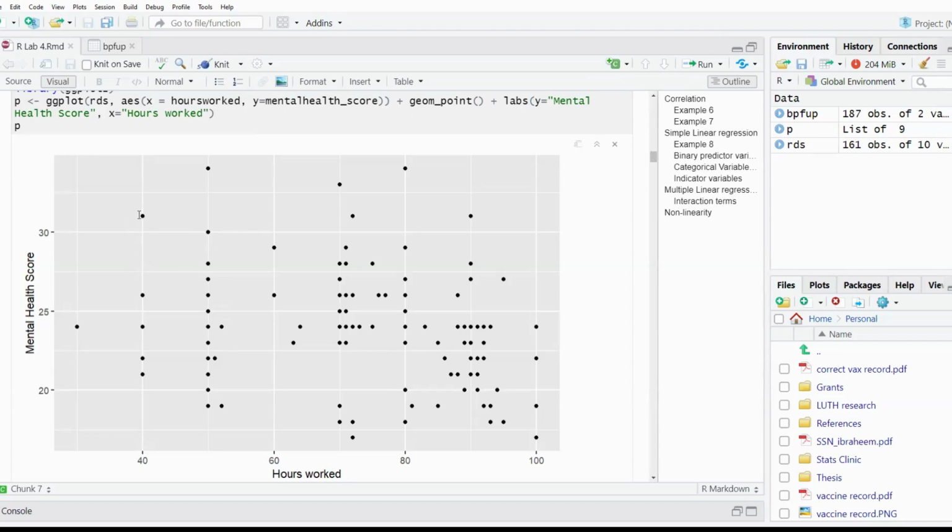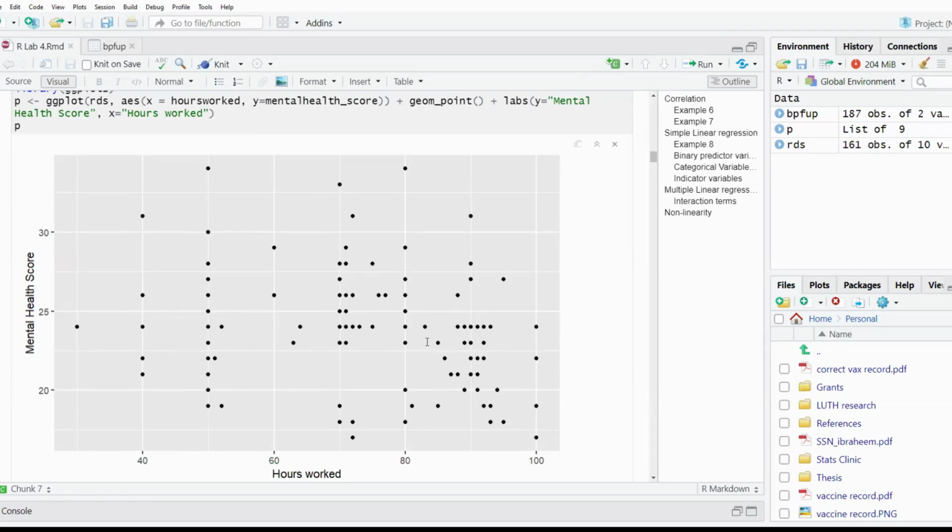So if you ask people who think that they don't work too many hours, they might say, oh, I work 40 hours. Or some people will say, I work 100 hours, or 80 hours, or 90 hours, or approximately 70 hours, something. So essentially, this pattern on the plot arises because people are giving you estimates.